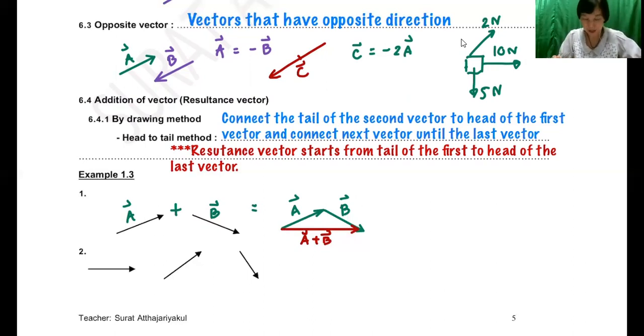Example 1.3. Sorry, example 2 of example 1.3. Here we have three vectors, and I will let this be vector A, this be vector B, and this be vector C. And we need to draw the resultant of A plus B plus C. What will be our result?